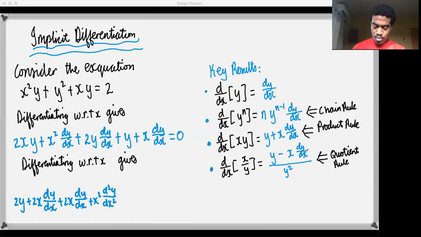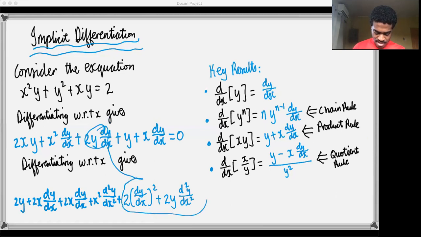So you should get 2(dy/dx) squared, right? We just multiply it out one time and we will square it one time, right? And we then have to take the derivative of this and multiply it by the 2y. And what that will give us is 2y d2y/dx squared. So the derivative of this would be these two terms there.